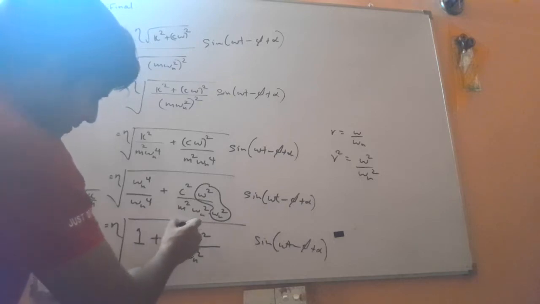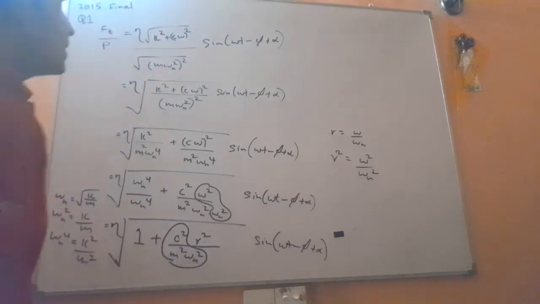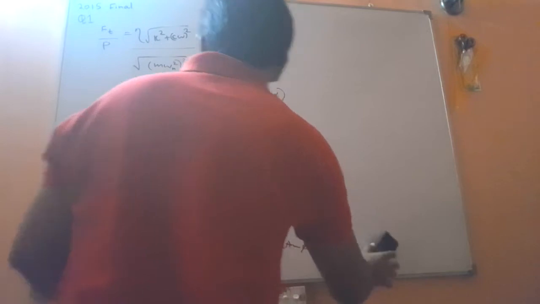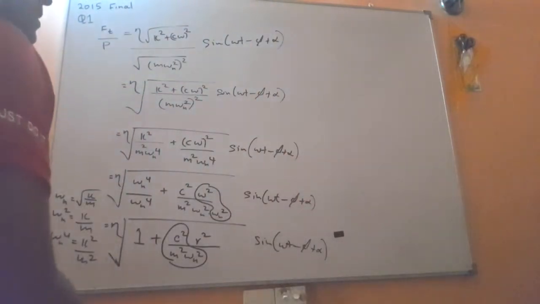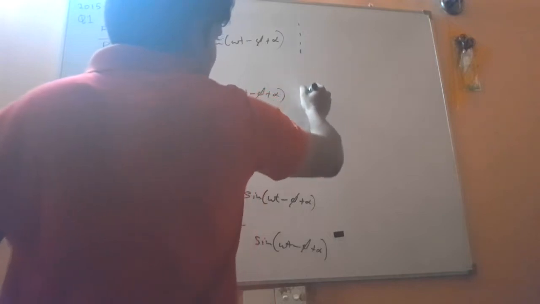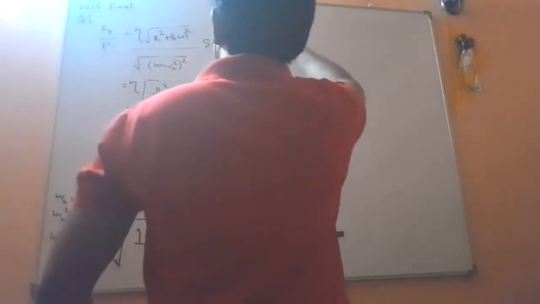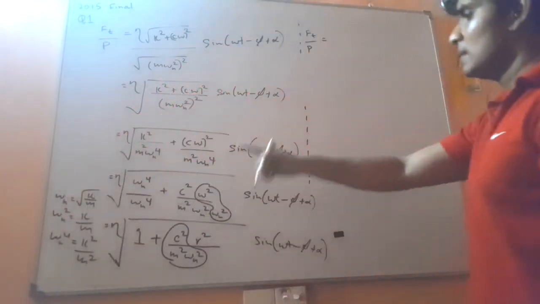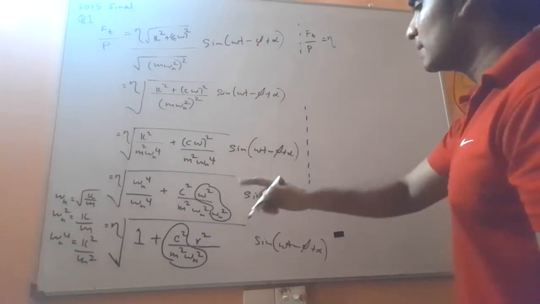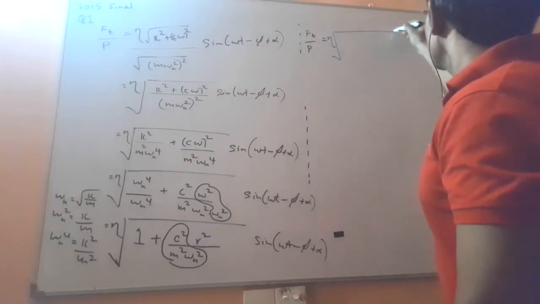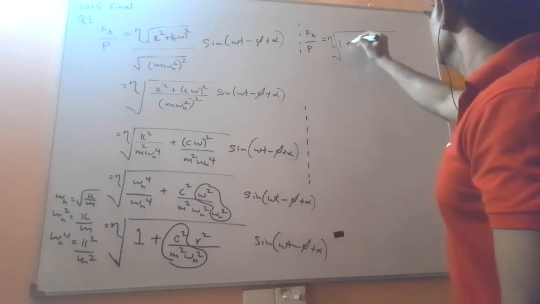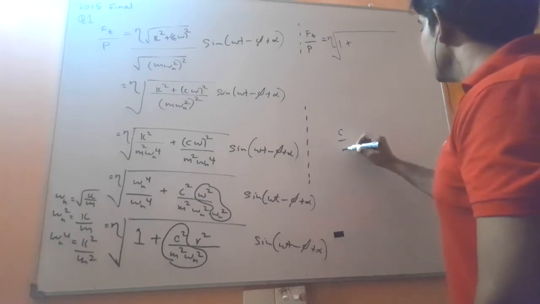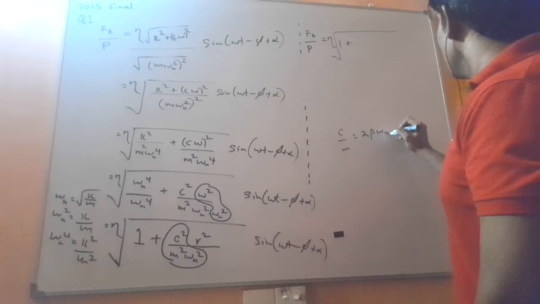Now focus this part, right? Okay, so I will move to the other side, right? So now we have reached up to the last line actually, right? So then I will just put some separation, right? Again we have ft divided by p equals neta times square root of 1 plus, and we also know that c divided by m equals 2 beta omega n, right?